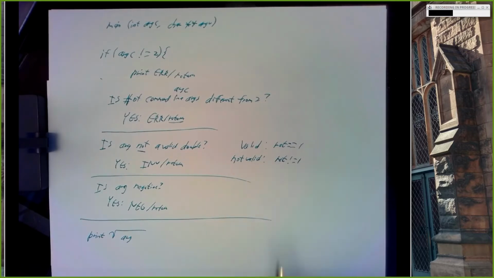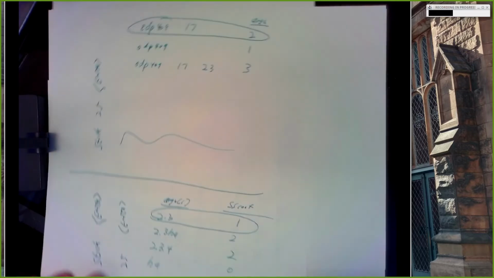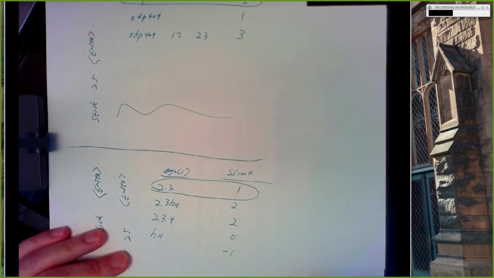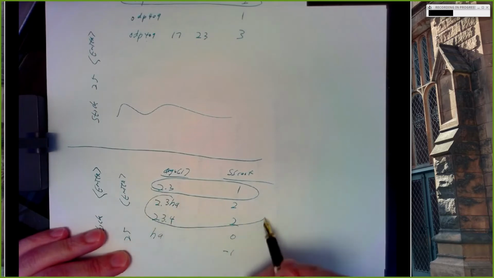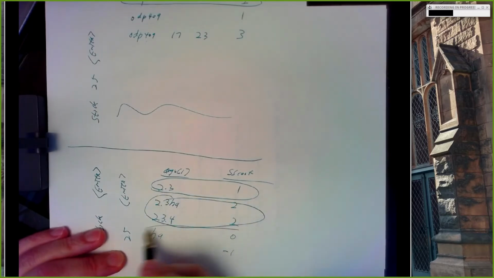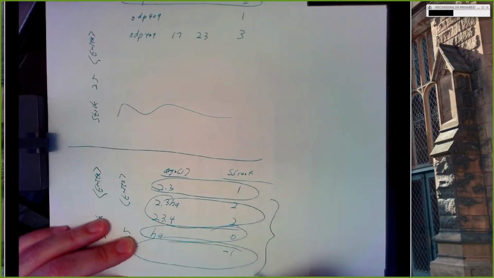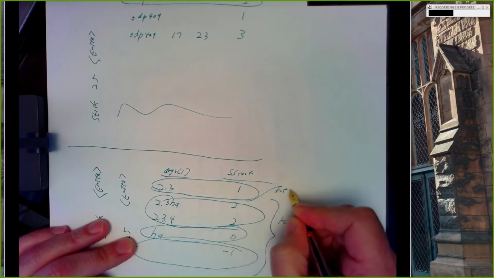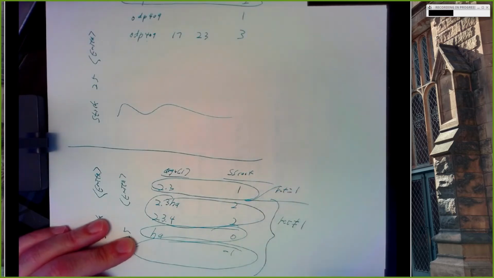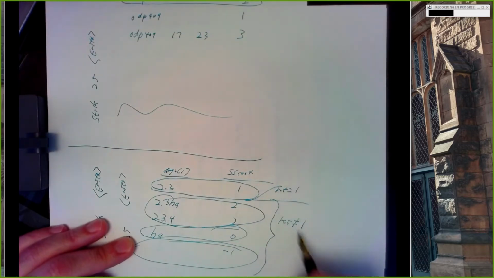Return not equal to 1, we say exclamation mark equal. And that's very different from saying if return equals 2, because return equals 2 means I've got one of these cases, return equals 0 is this case, return equals -1 is this case. But what all of these cases have in common is that return is not equal to 1. In this case, return is equal to 1. So that's how I split the universe: valid, not valid.